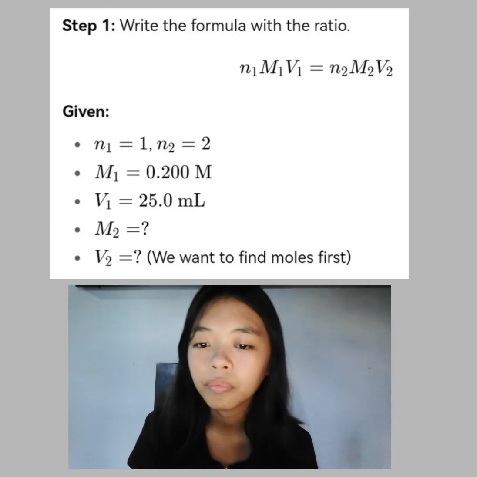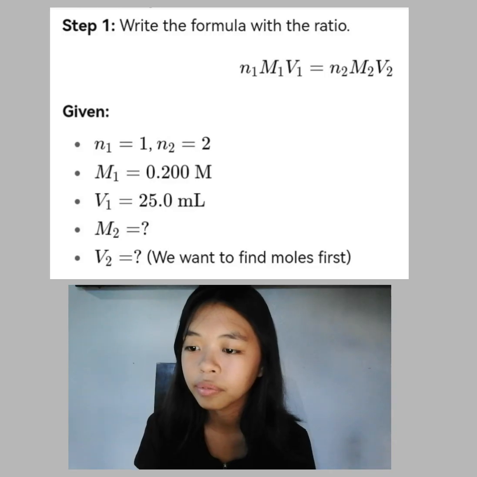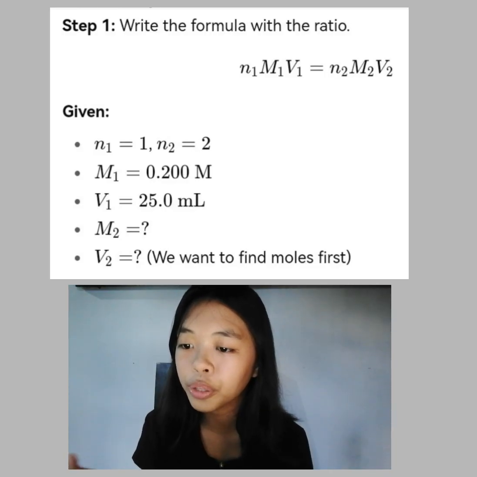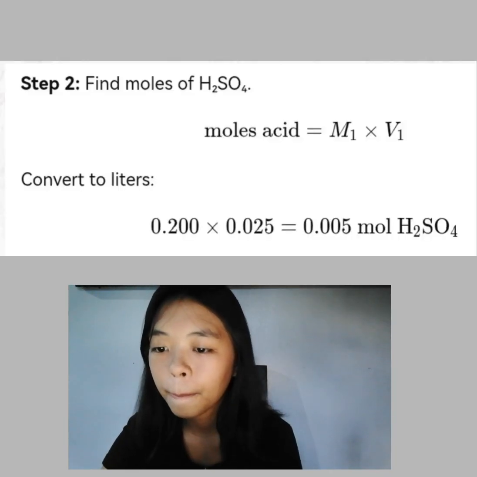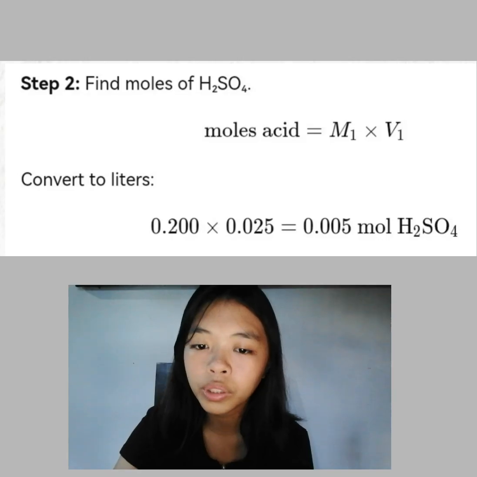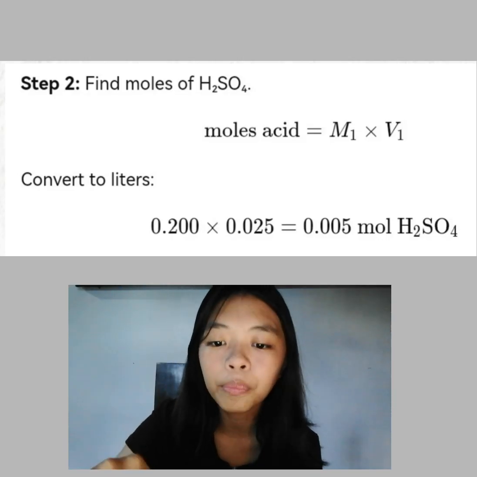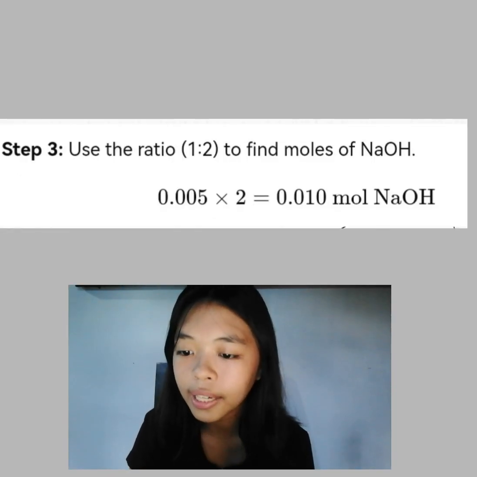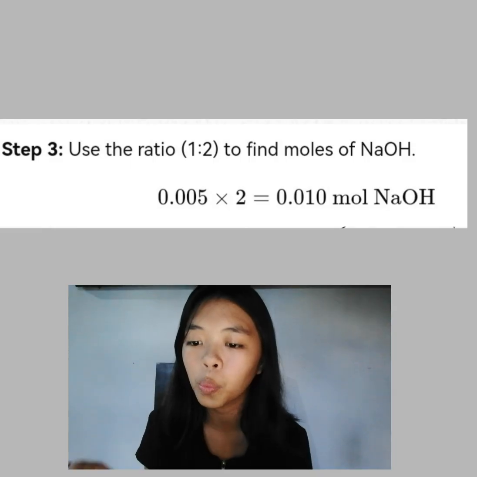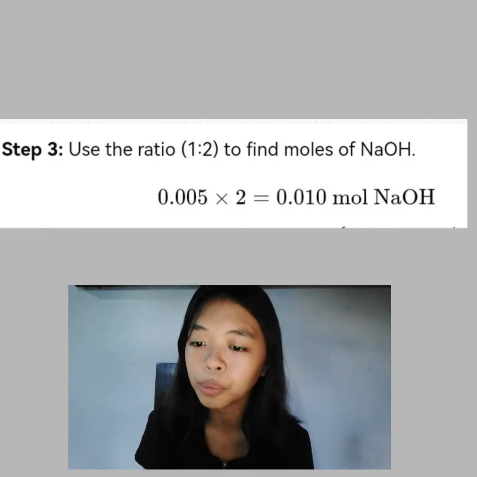Step 1, we find the moles of the acid. We write the formula with the ratio. Step 2, we find the moles of the sodium hydroxide, and step 3, we use the ratio 1:2 to find moles of sodium hydroxide.